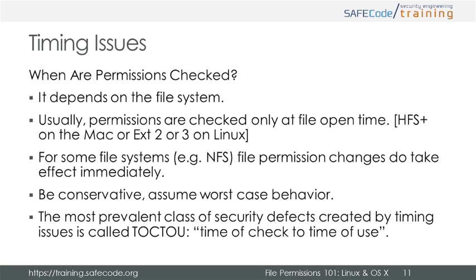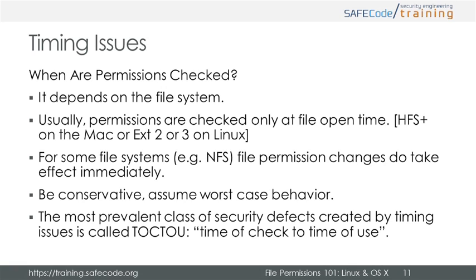So when does the system check permissions? This depends mostly on the file system in use. Although most file systems export a uniform interface to the user and to the system, at a lower level their behavior may differ. For most local file systems, such as HFS Plus on the Mac or ext 2, 3, or 4 on Linux, file permissions are checked only when the file is opened.